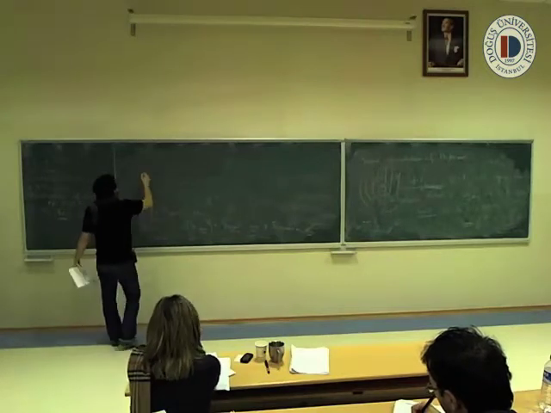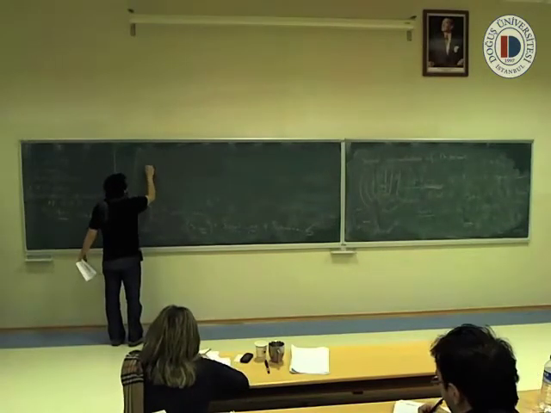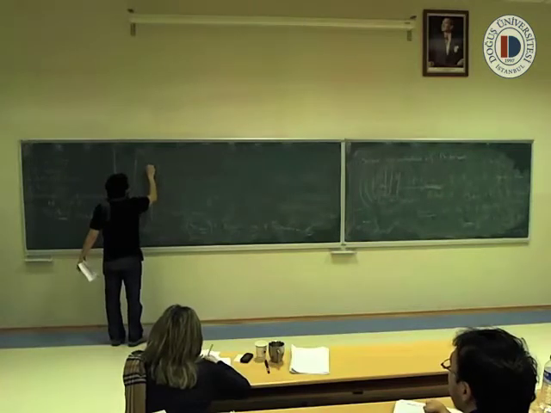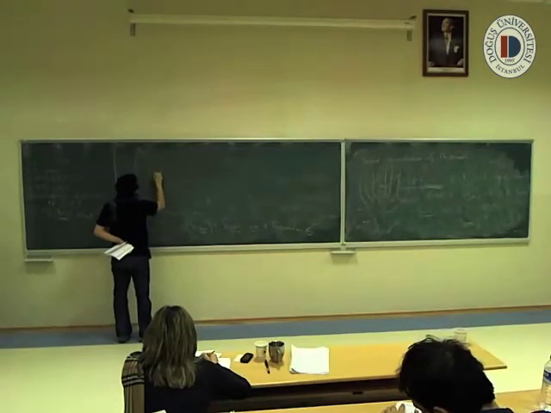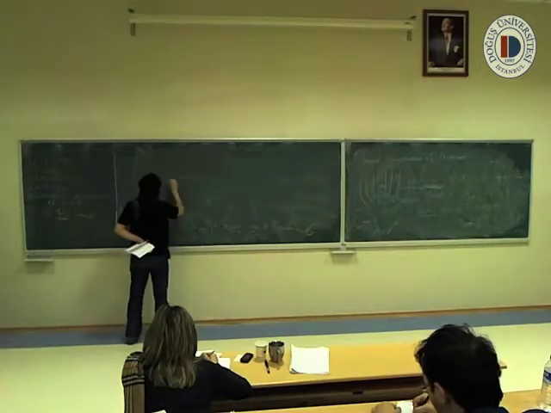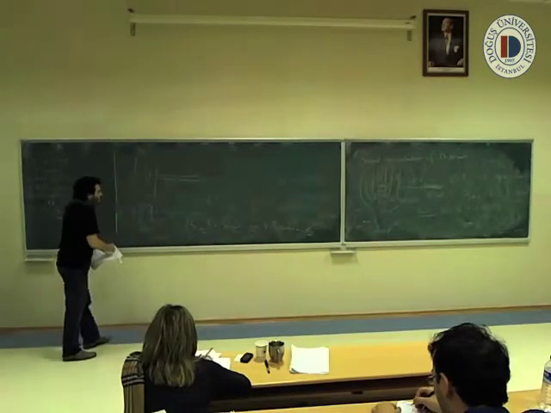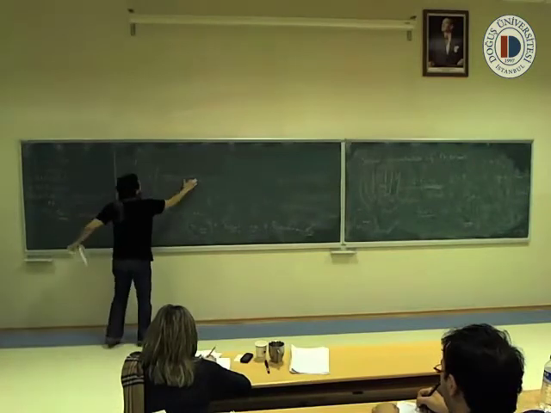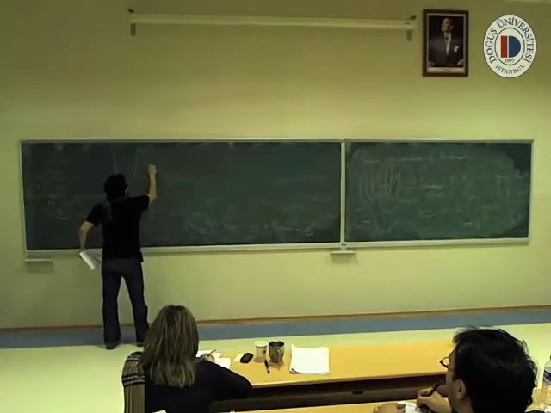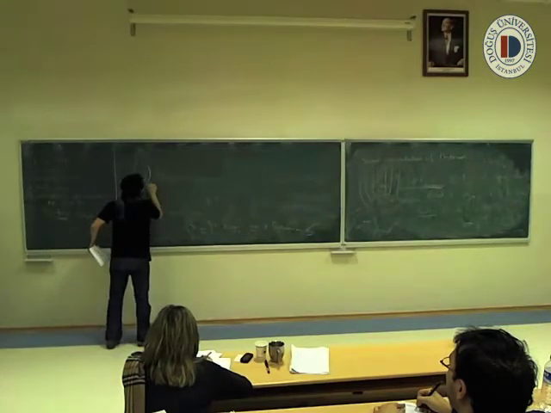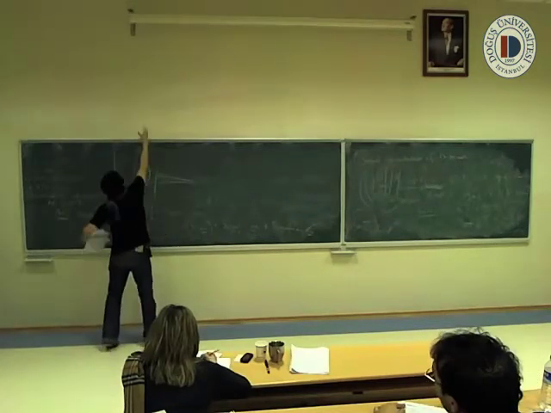So the geometry looks like this. You have something like an asymptotically flat space. So what I'm plotting here is, suppose that this is like a trumpet, so it just opens up, and then becomes flat completely.